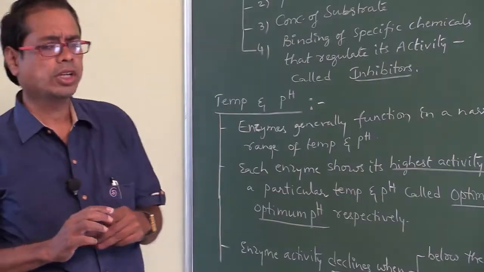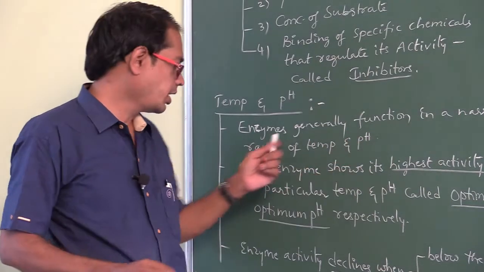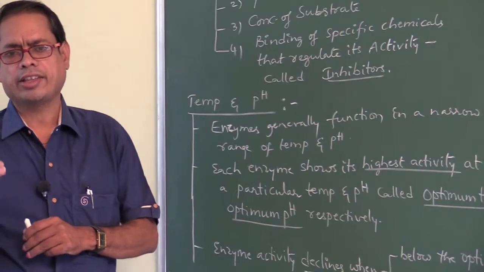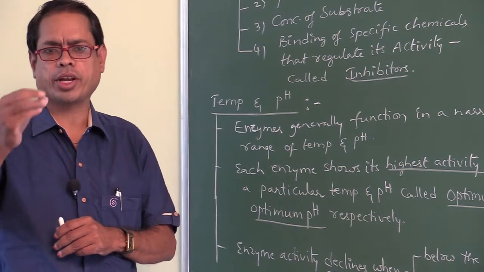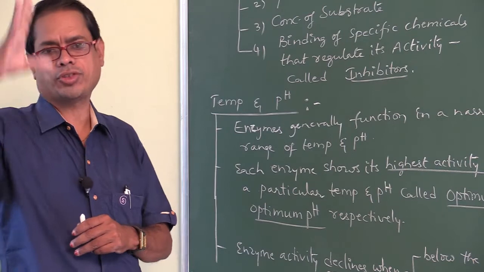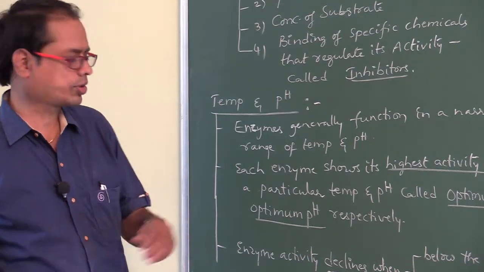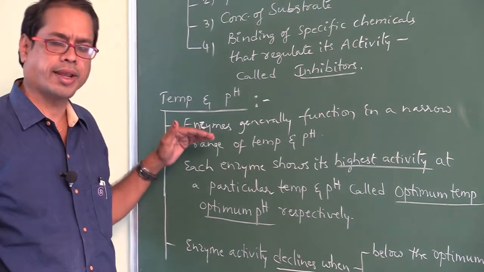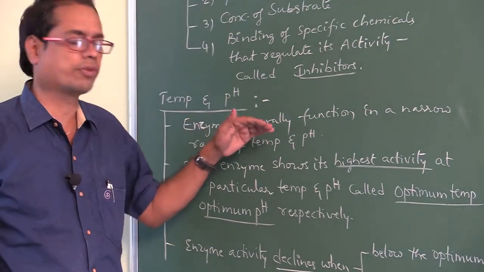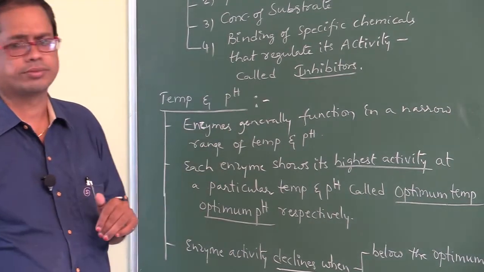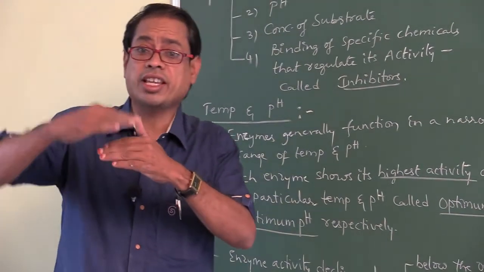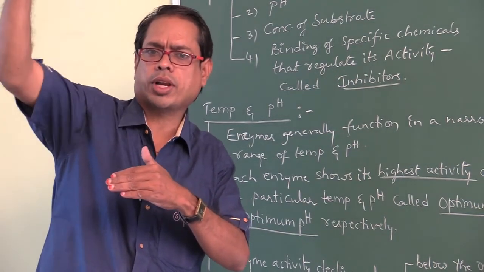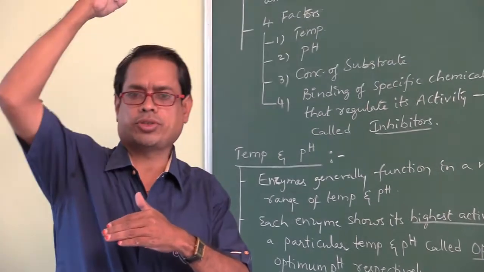First, 1 and 2, that is temperature and pH. Enzymes generally function in a narrow range of temperature and pH. That means enzymes function at a particular temperature and at a particular pH, that is the normal values. But an enzyme shows its highest activity at a particular temperature, which is called the optimum temperature.